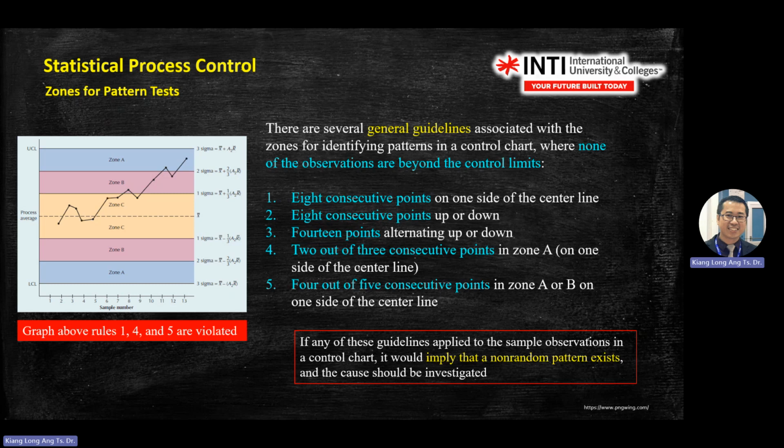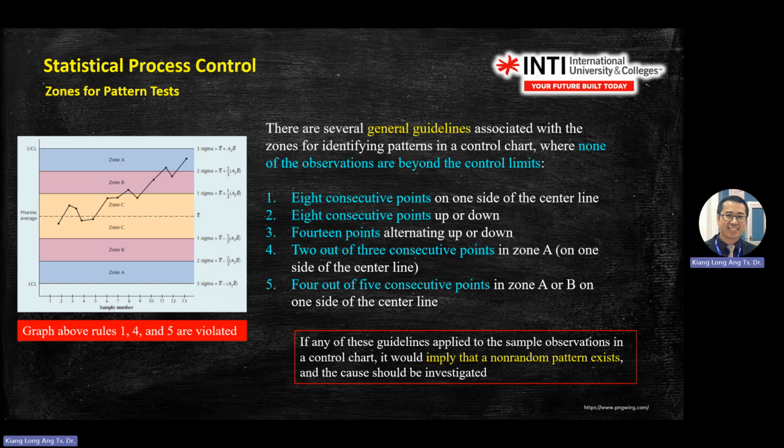Zone B, you count 5 points. 1, 2, 3 in zone B, and you count A, 1, 2, 3, 4, 5. This one is 4 out of 5, either A or B.